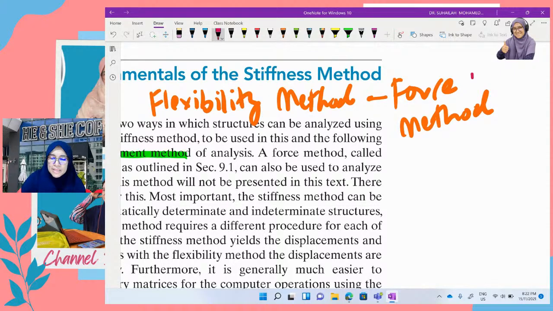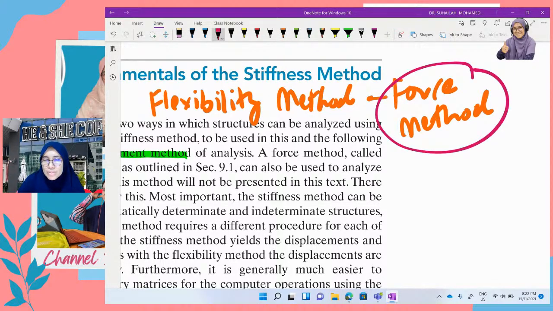Why is it the force method? Because of the redundant. The output means that we will solve the compatibility equation to determine the redundant. So what is the redundant actually? The redundant is a force value.